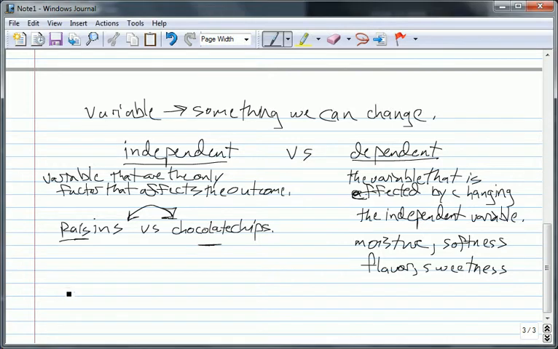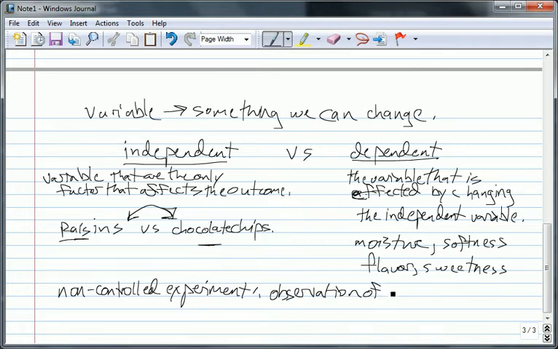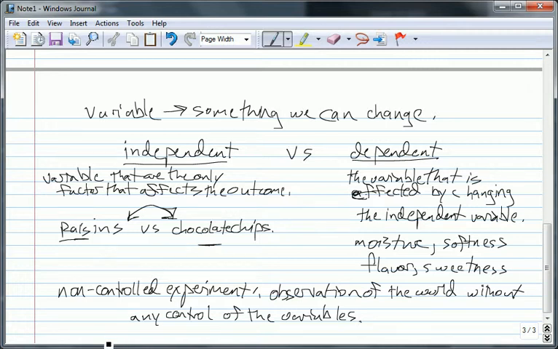We can have a different kind of experiment, a non-controlled experiment. This is usually where we do observation of the world without any control of the variables. An example might be if I was looking at bird behavior.